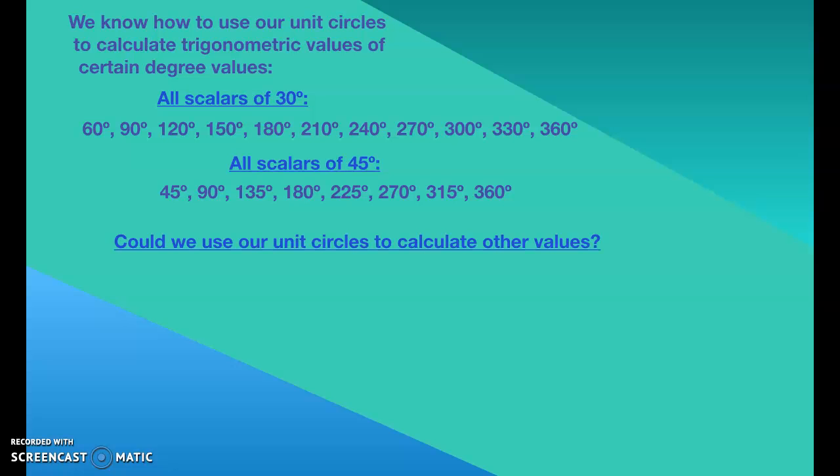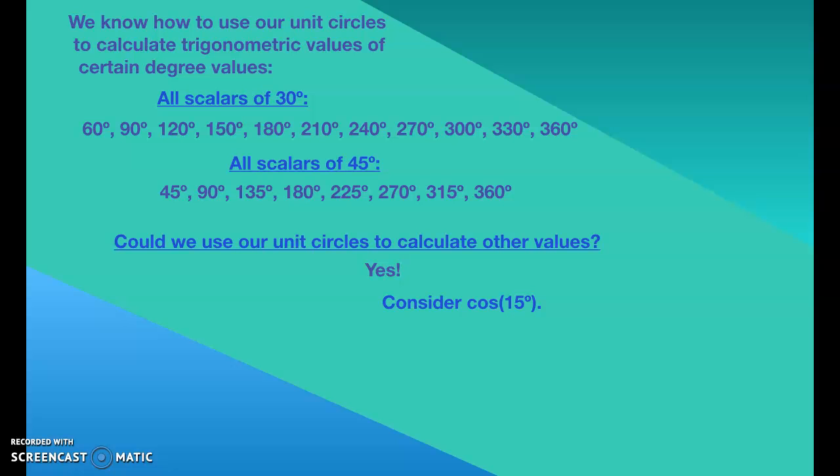So, could we use our unit circles to calculate other values? For instance, 70 degrees isn't on there, so something like that. Well, the answer is yes. Consider taking the cosine of 15 degrees. It's not on our unit circle.